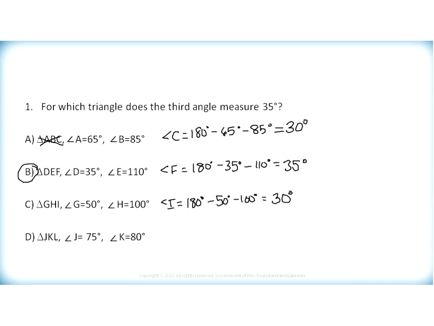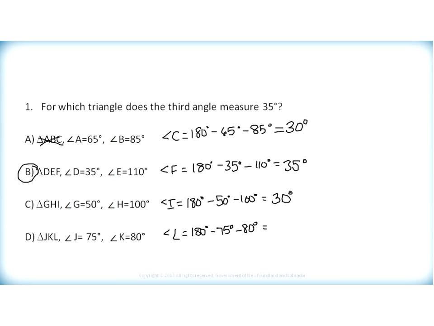Now how about triangle JKL? Angle J is equal to 75 degrees, and angle K is equal to 80 degrees. So angle L is what we're missing here. So I take 180 degrees, and I subtract from that 75 degrees, and I subtract from that 80 degrees.